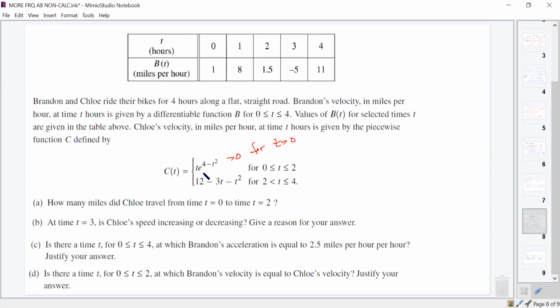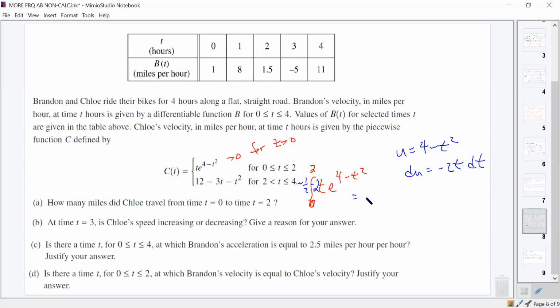It's already always positive. So how many miles did she travel from 0 to 2? That's just the integral from 0 to 2 of t e to the 4 minus t squared. And how are we going to integrate t e to the 4 minus t squared? You're going to want to let u equal 4 minus t squared and have du be negative 2t dt. So I'm going to put in a negative 2 and a negative 1/2.